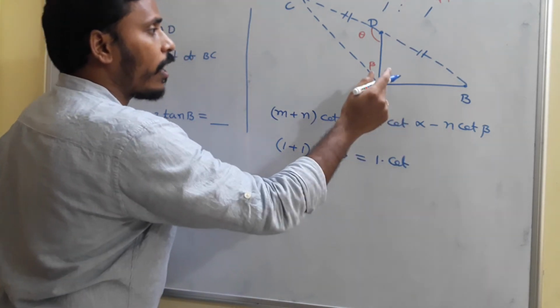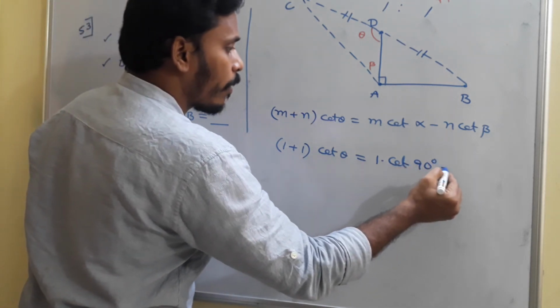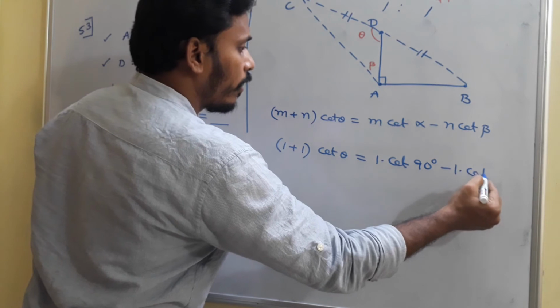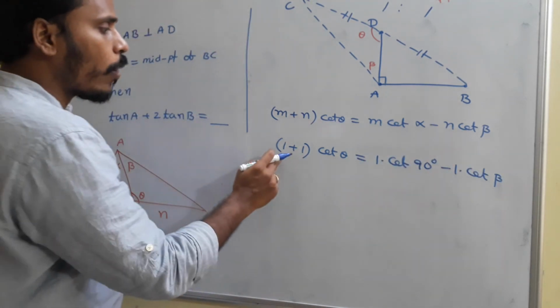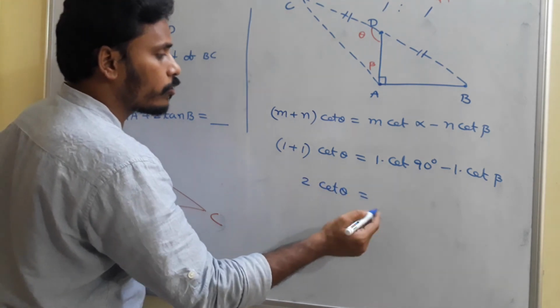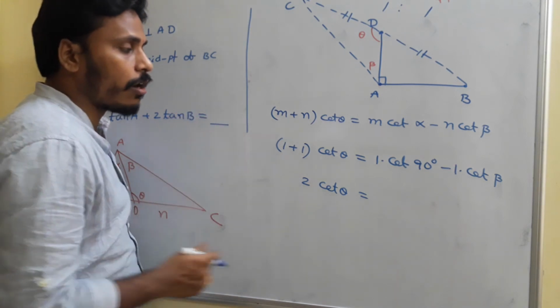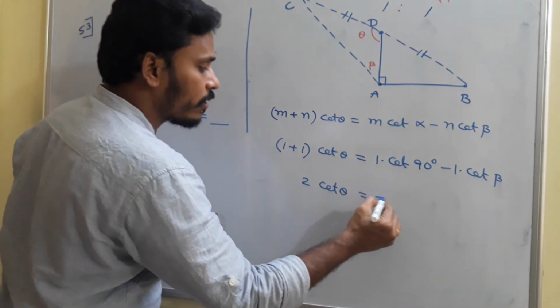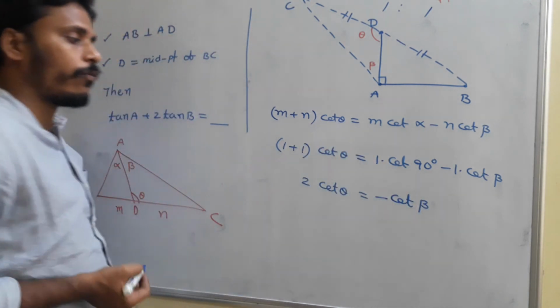In the place of alpha what do I have? 90 degrees here. 90 degrees minus N is also 1 into cot beta. Okay. So 1 plus 1 is 2. 2 cot theta is equal to, what do you say about cot 90? Since tan 90 is infinity, cot 90 is 0, this term will get cancelled. 2 cot theta is equal to minus cot B here we have.